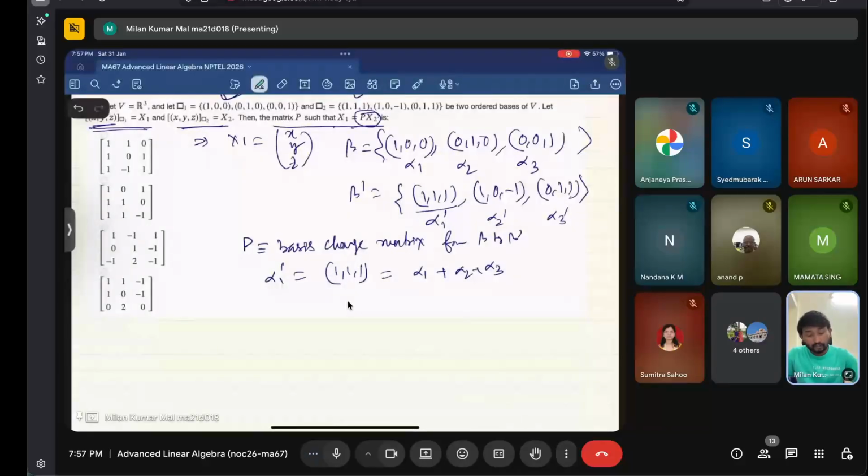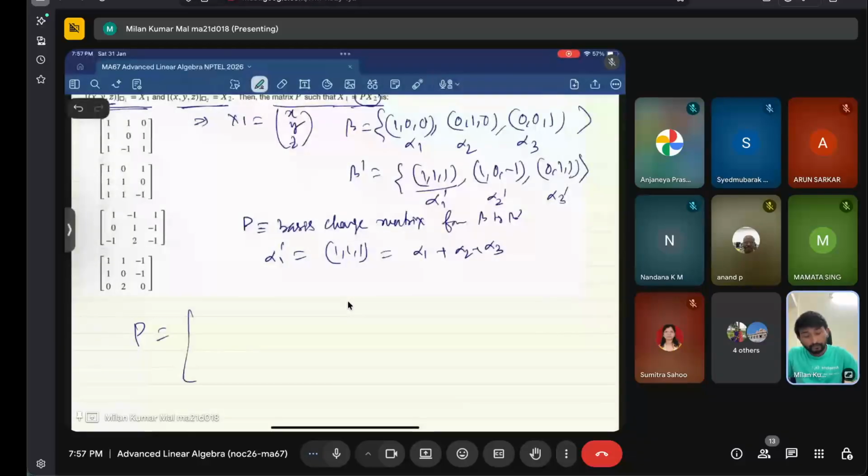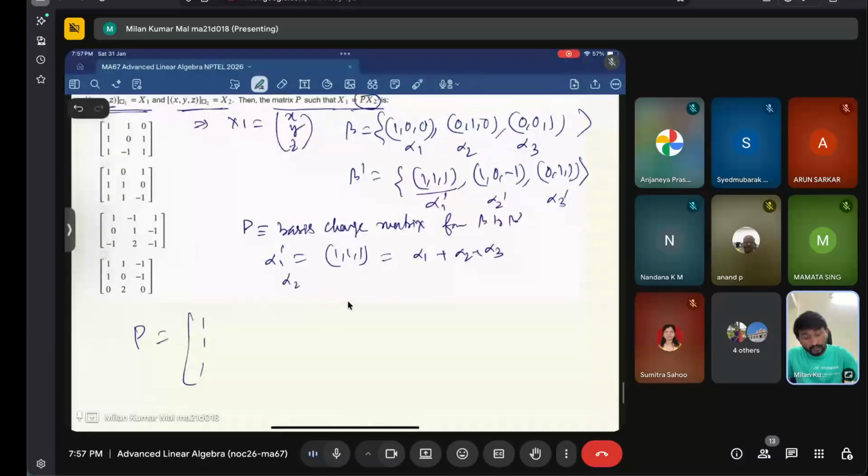So the first column of the P matrix is (1, 1, 1). If you write alpha 2 dash, that is (1, 0, -1), you will get alpha 1 minus alpha 3. That's very easy. So (1, 0, -1).